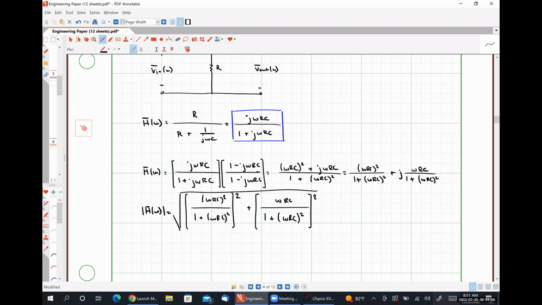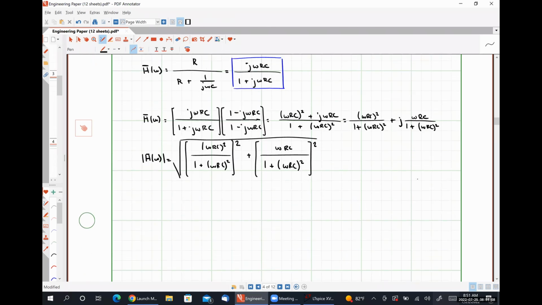Taking the square root of this whole thing, this is going to give me omega RC to the 4th power plus omega RC squared over 1 plus omega RC squared, quantity squared.